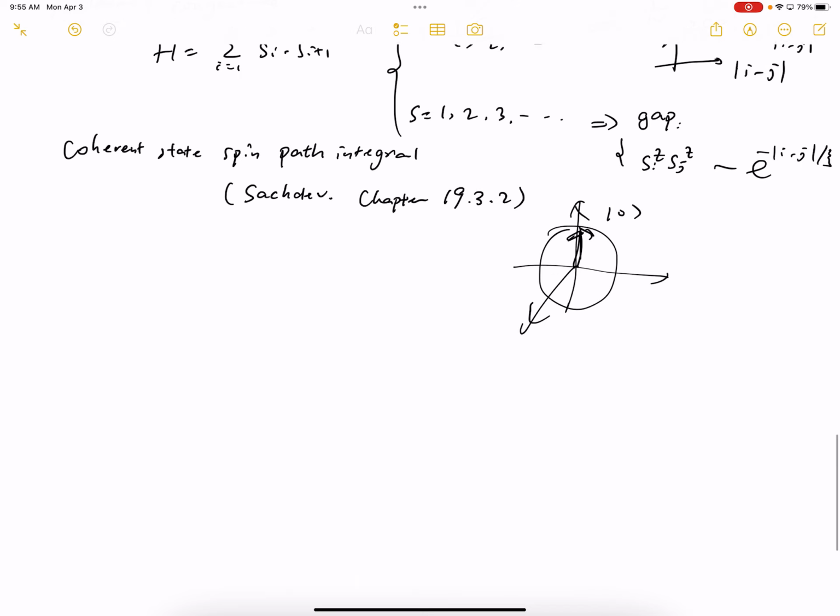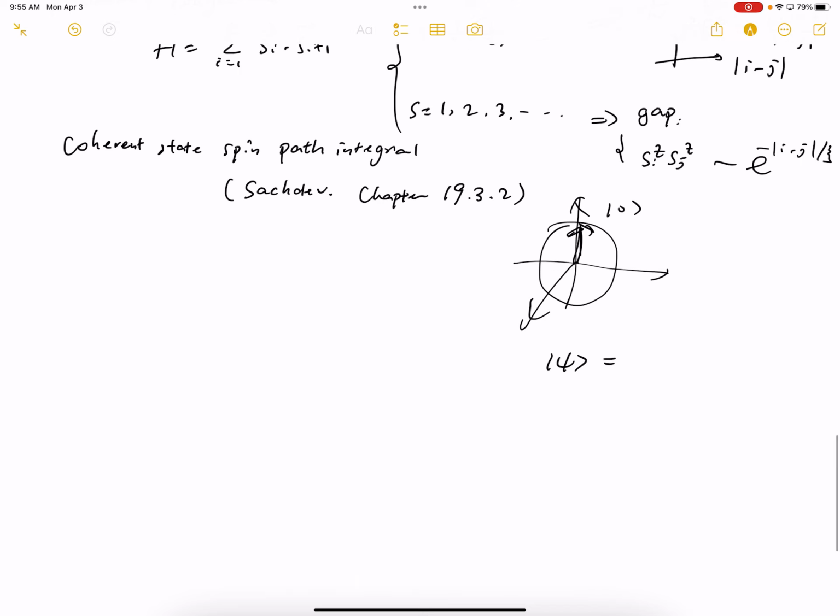To help you, I want to write down what the state looks like for a qubit on the Bloch sphere. It's given by cosine theta over 2 of 0 plus sine theta over 2 e to the i phi of 1. And the question is, I'm going to rotate theta by 2 pi. Theta is the angle I make with the z-axis. So this is x, y, z.